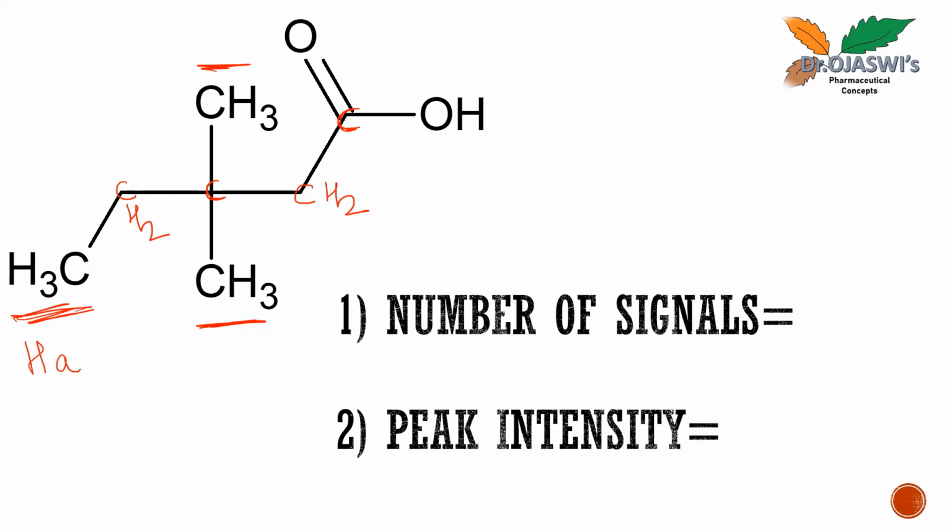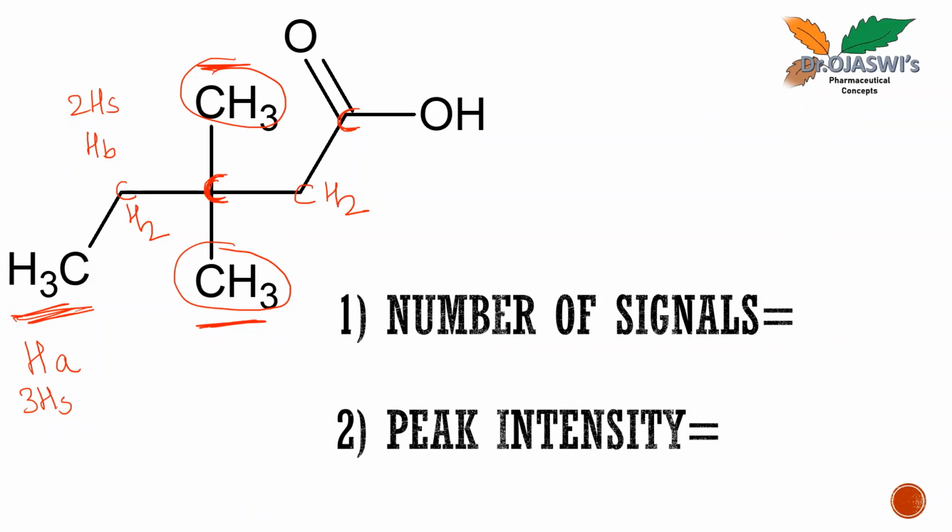So this HA represents the 3 hydrogens of this CH3. Second, I'll name this as HB. So HB represents the 2 hydrogens of this CH2. Now this CH3 and this CH3 are attached to the same carbon.